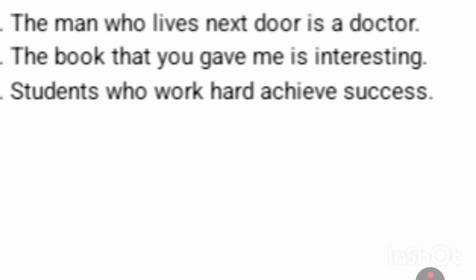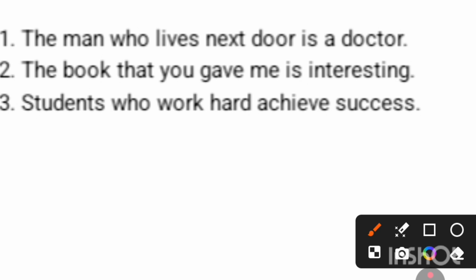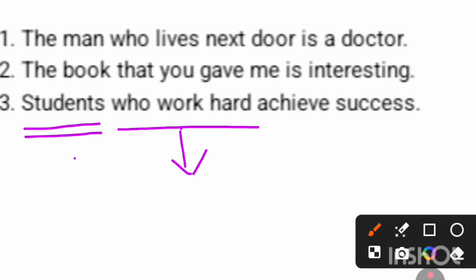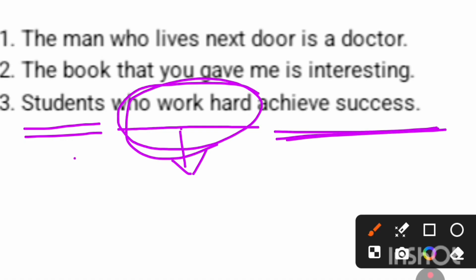If we think about the third sentence, students who work hard. Friends, look at this. Students who work hard achieve success. Friends, here the students are not identified. If we write down this, who work hard, anyone can identify the students. And the meaning is, only those students who work hard will achieve success.